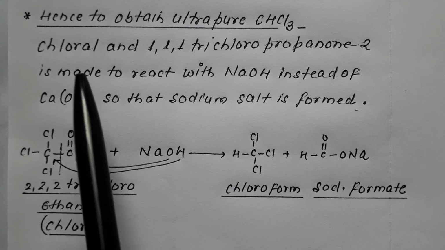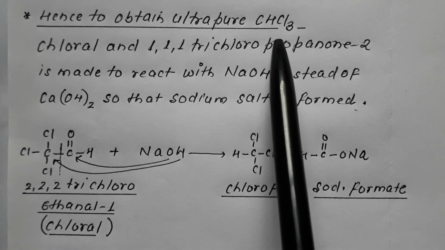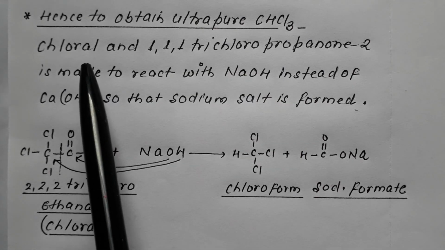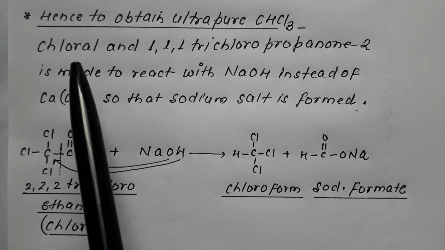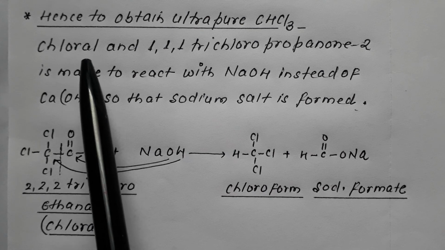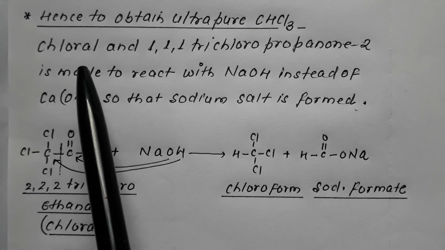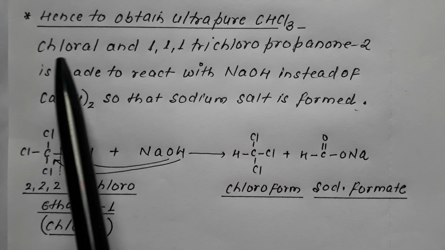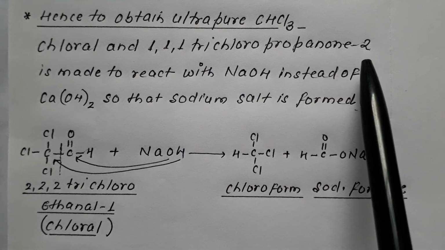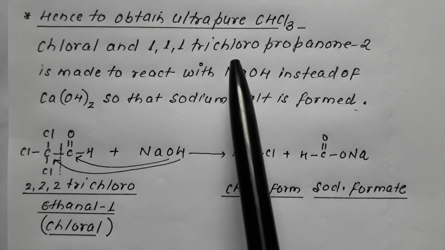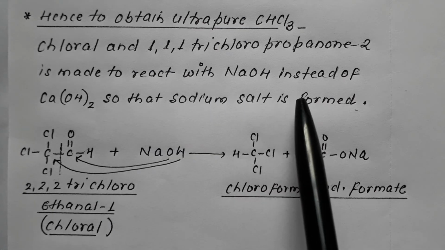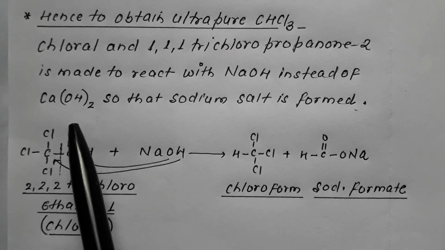Now in order to obtain ultra pure chloroform, remember, the chloral formed in process number 1 with ethanol, and the 1,1,1-trichloropropan-2-one formed in process number 2, are made to react with NaOH instead of calcium hydroxide.